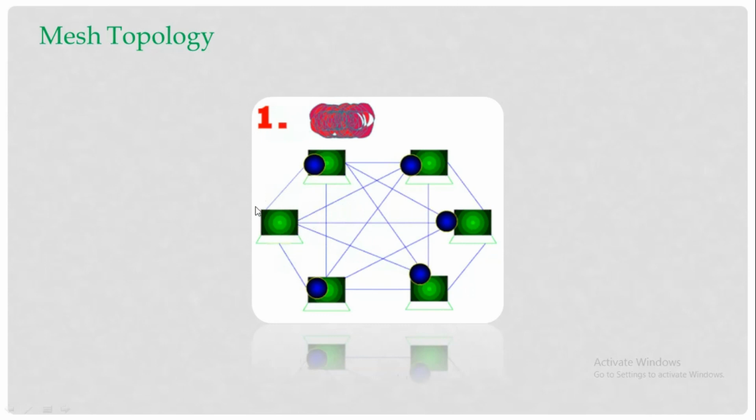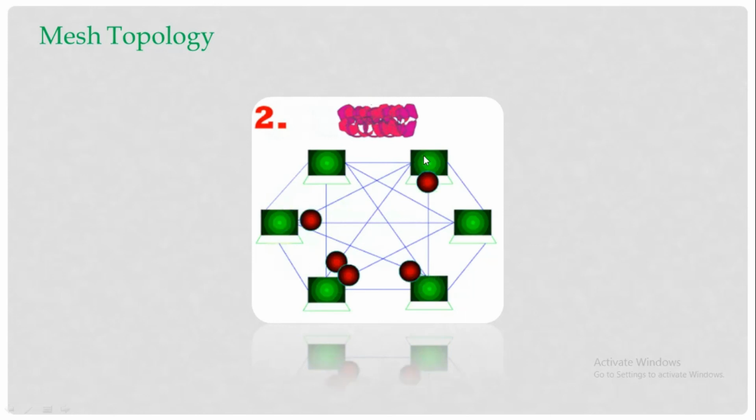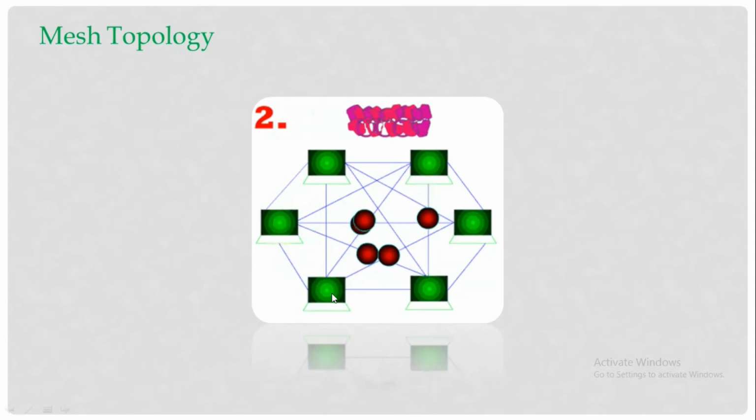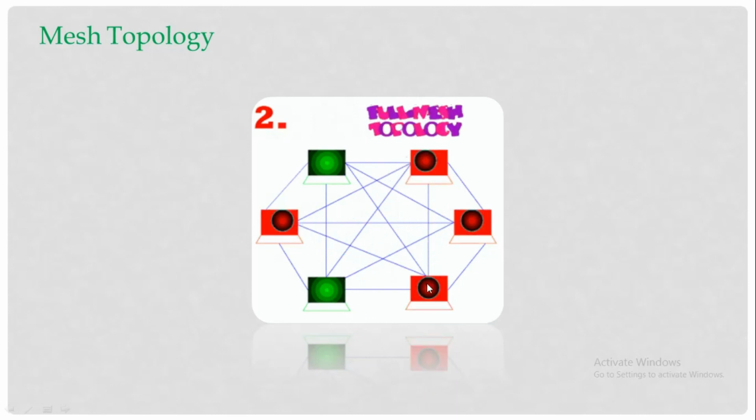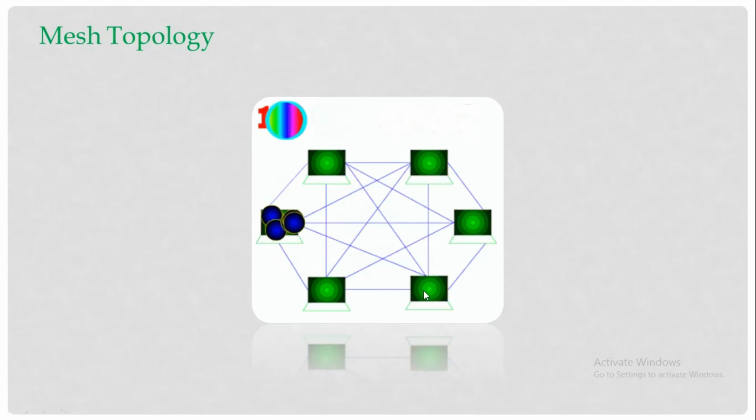Assume this system is connected with the second system, this system is connected with the third system, this system is connected with the fourth, this system is connected with the fifth system, and this system is connected with the sixth system. So each and every individual system should be connected to every other individual system.